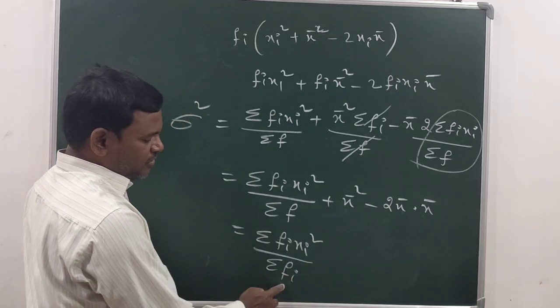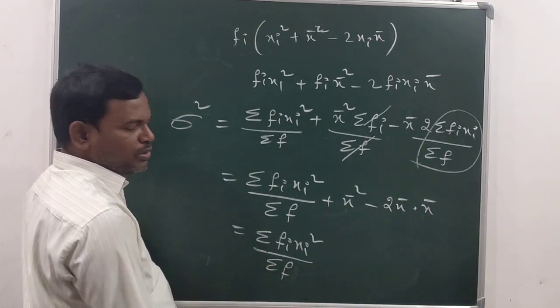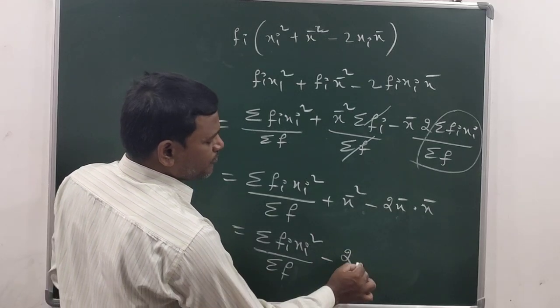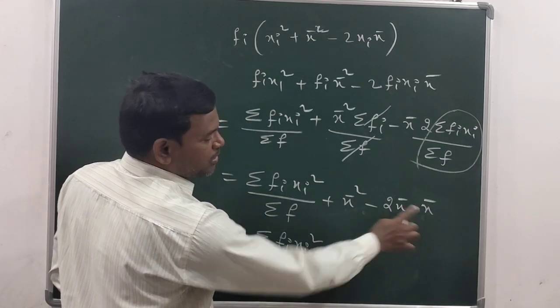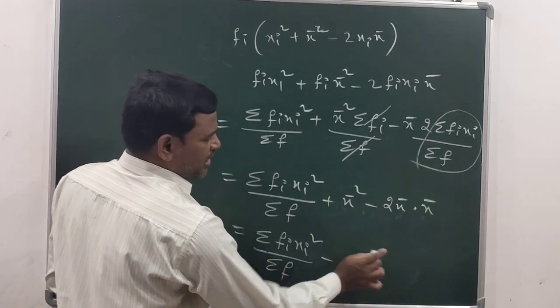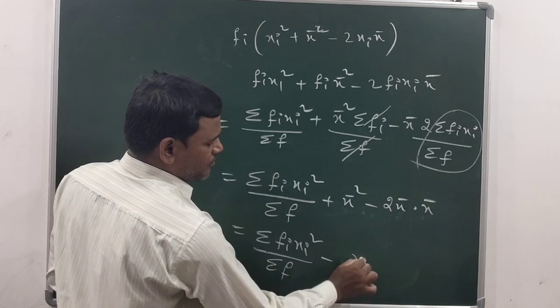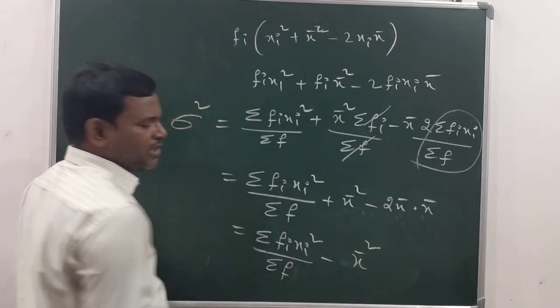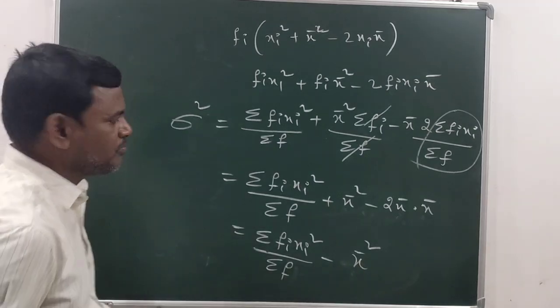I runs from 1 to n. If you want to write it, you can, otherwise not required. So x bar square minus 2 x bar square is equal to minus x bar square. So what do you get, students? Minus x bar square, where x bar is the mean.